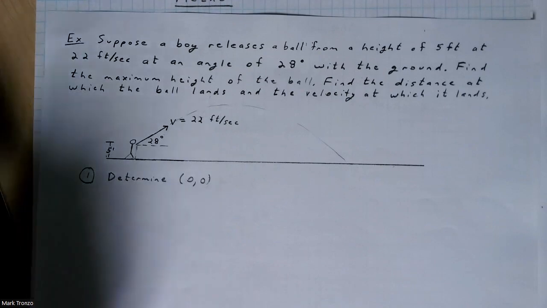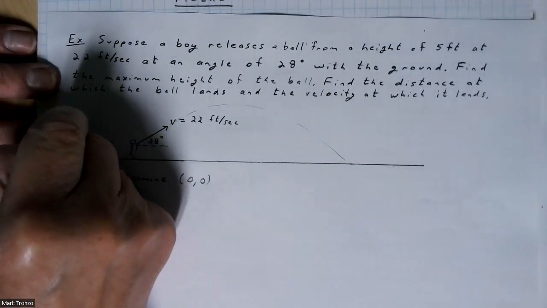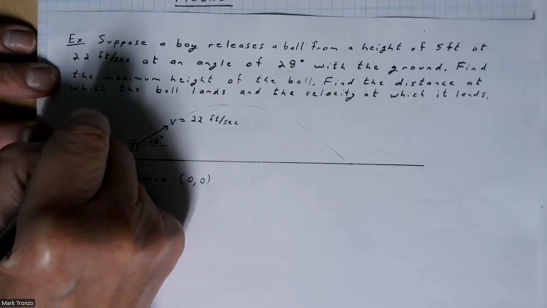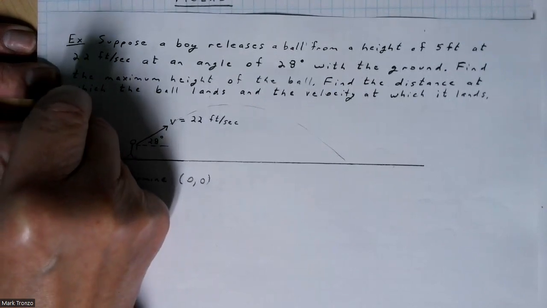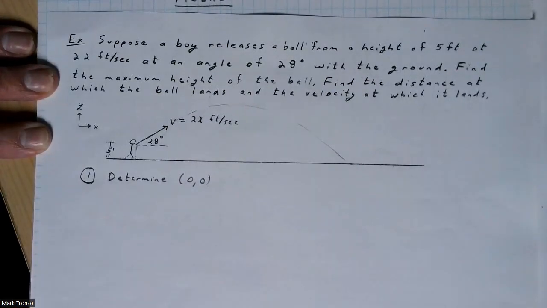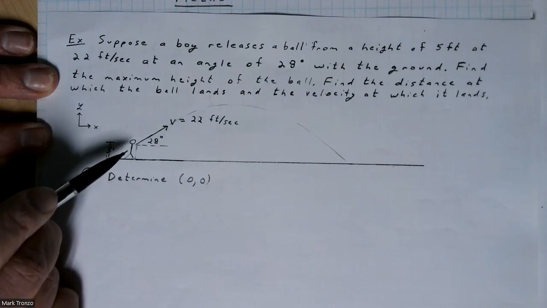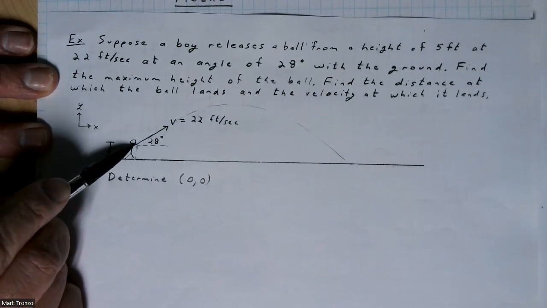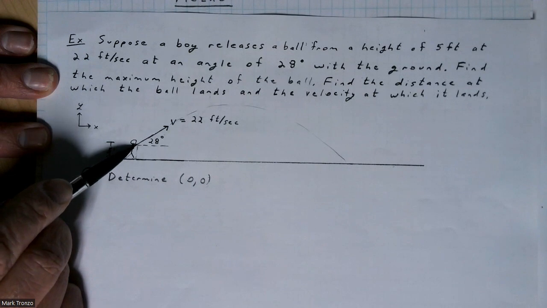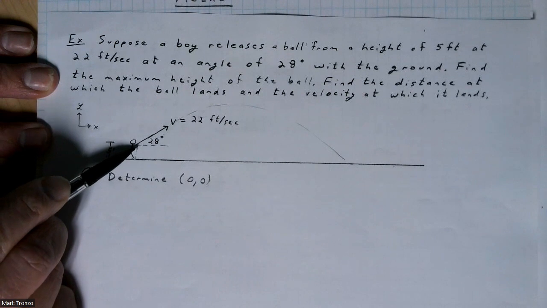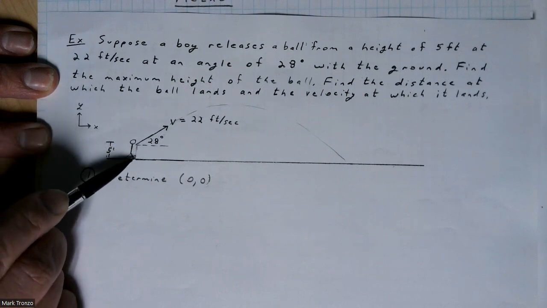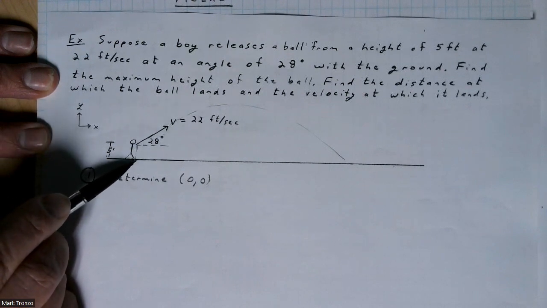And so our coordinates are going to be X and Y. But what is the point 0, 0? Again, you could make the point 0, 0 here where the ball left the boy's hand, or you could make it right below where it left his hand on the ground.